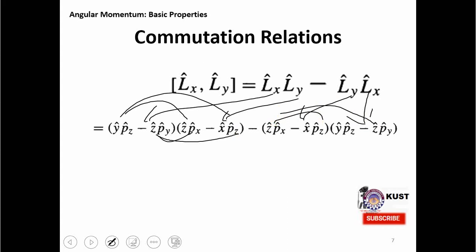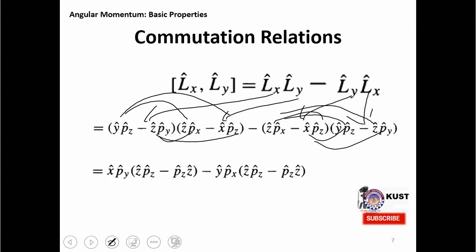When you do all these products, you will see that some of them will cancel out because they will be similar with the opposite sign, and the rest of them could be organized in this way. So it's again a simple thing. You can just find out by looking at them how you go from here to here.